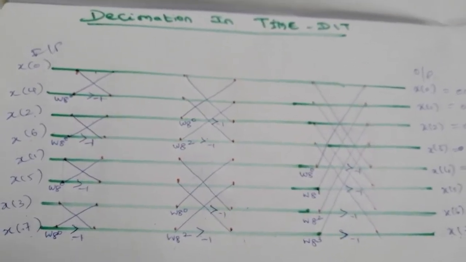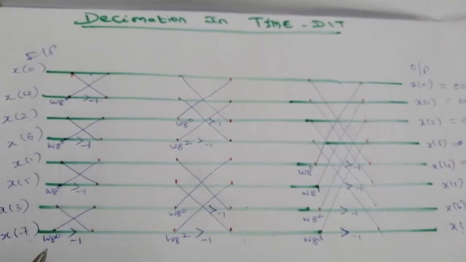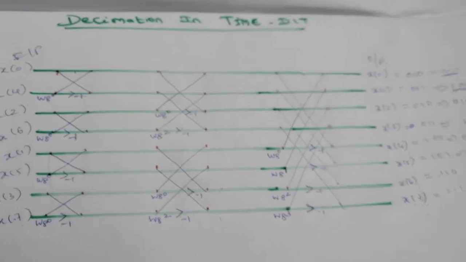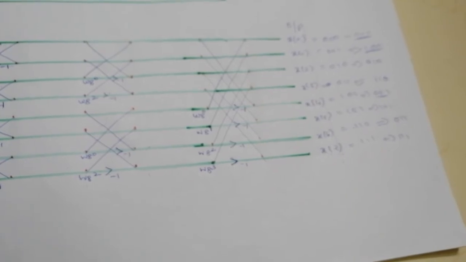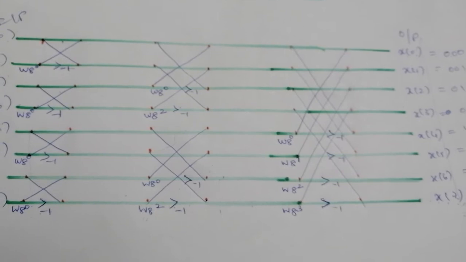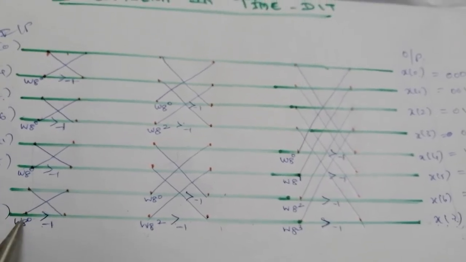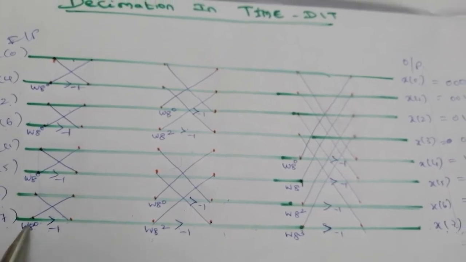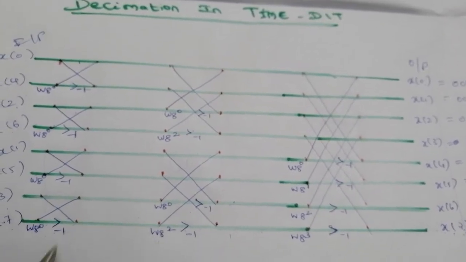Right. So regarding the differences between DIT and DIF, I told that both involve add and subtract operations. The complex multiplication takes place before the add and subtraction in DIT, and after the add and subtraction in DIF, right? This complex multiplication term, if added before, it is DIT; if added after, it is DIF.